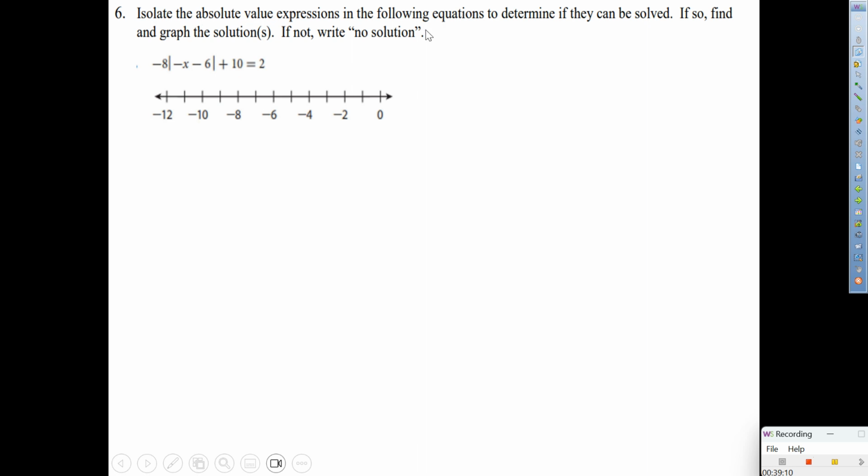It says, analyze the absolute value expressions in the following equation to determine if they can be solved. If so, find and graph the solution. If not, no solution. Isolate the absolute value expression. So, let's see if we remember.